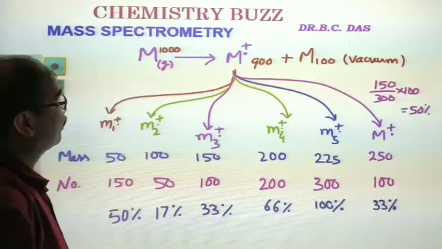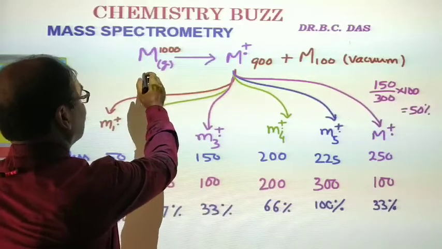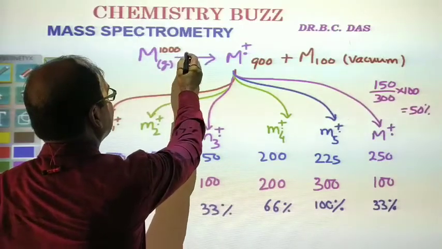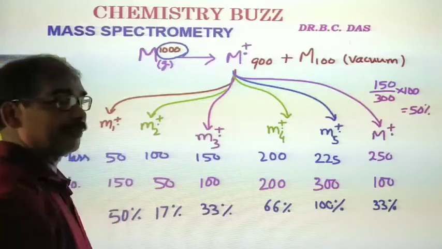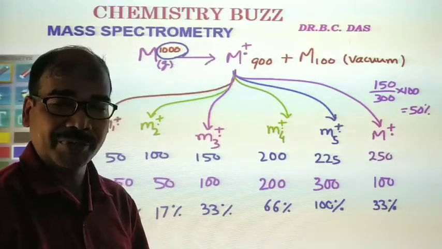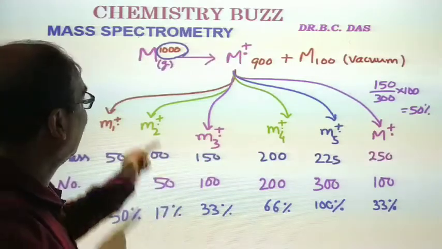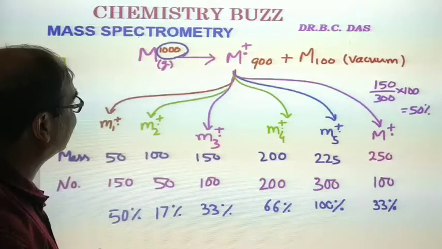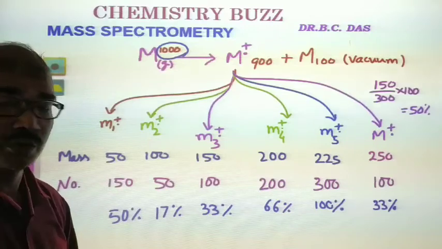Say we have injected 1000 molecules of the sample. A very small amount of the sample substance is injected, and that is 1000 molecules.